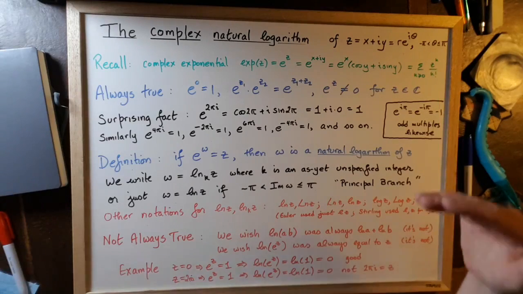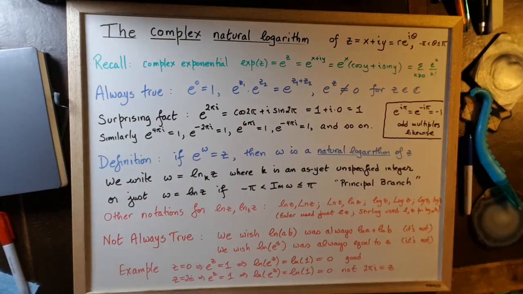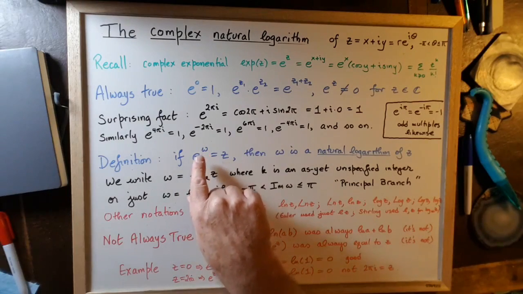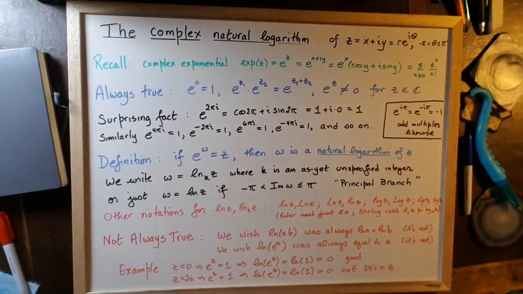So now we want to move on from the complex exponential, which I assume you've actually seen. This is just recollection. We want to move on to the logarithm. So I say that by definition, if you have a number w such that e to the w gives you z, then by definition, w is a natural logarithm of z.